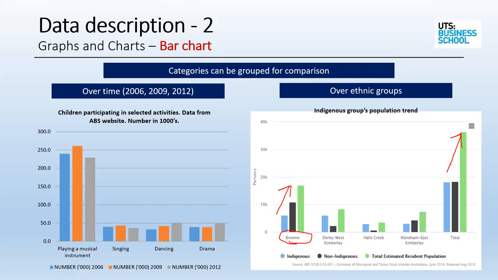So Broome is much in line with, or contributing to, the total population trend. But the pattern in Kimberley is a U-shaped pattern. It was high, then went down, and again, for some reason, it has started increasing. Wyndham, East Kimberley is in the direction of the total trend. So within categories you're able to understand what is happening.